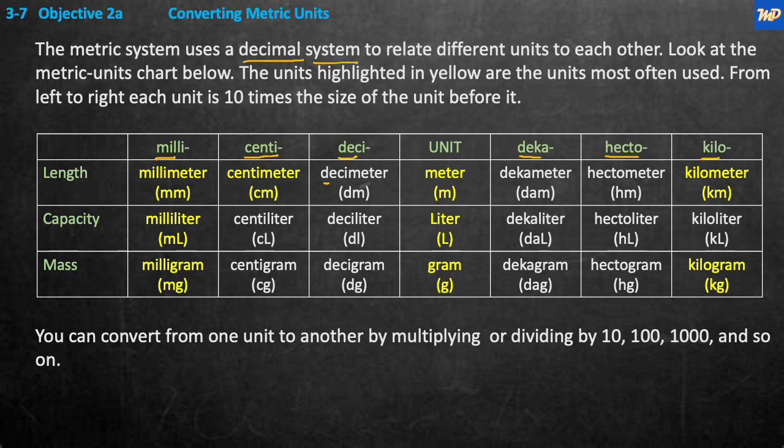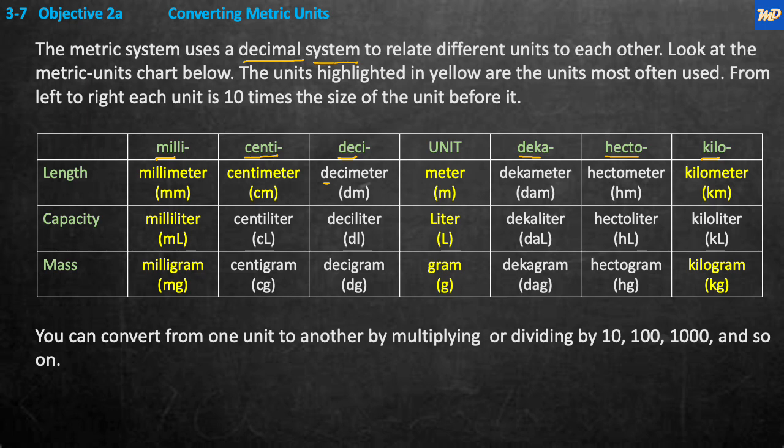So now we go to capacity, and without all that labor in terms of talking about deci and deca, a milliliter is a small amount of liquid equivalent to about 5 drops of water. 1 milliliter. A centiliter is 10 times larger than that, so it's the equivalent of 50 drops of water.